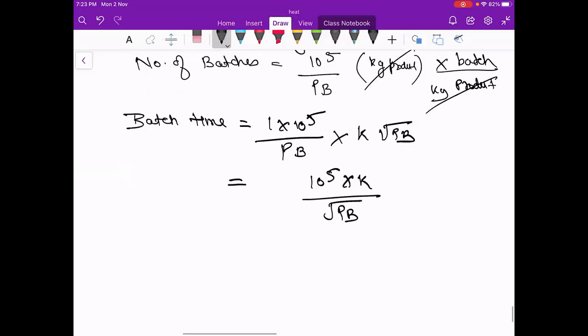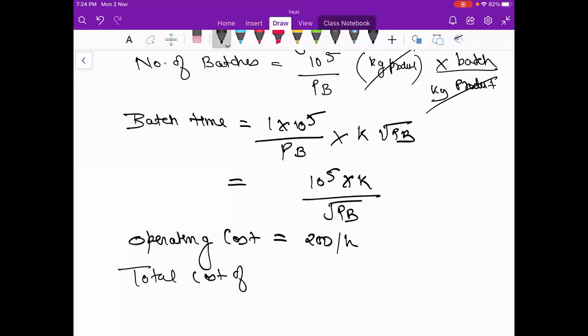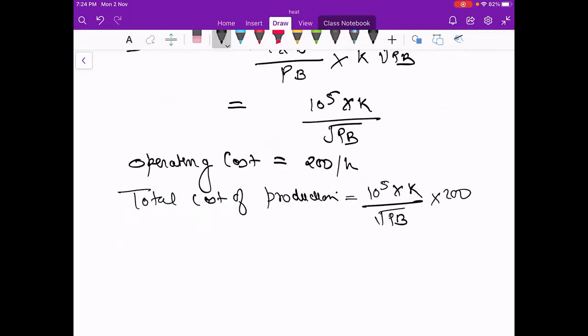Operating cost is given, 200 per hour. You can multiply this with the total batch time to get the total cost of production: 10 to the power 5 into K upon under root of PB into 200. So this is the total cost you are getting.